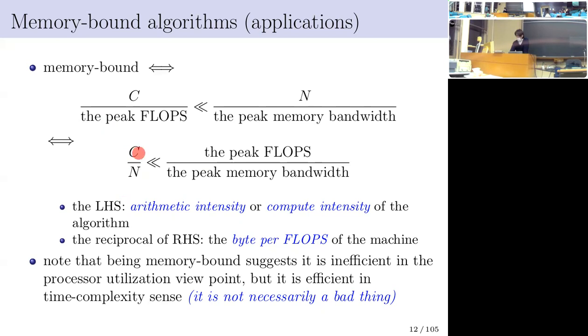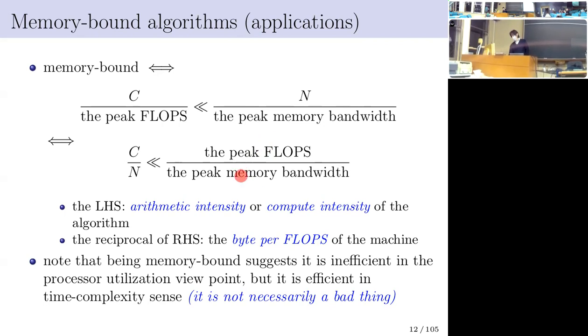For example, if you take a look at the sparse matrix vector multiplication again, C is just a couple of times n, so this is a very small constant. And the right-hand side is the characteristics of the machine: how much the machine can compute if the data is already in the processor, and how much data can be pumped into the processor from the main memory.